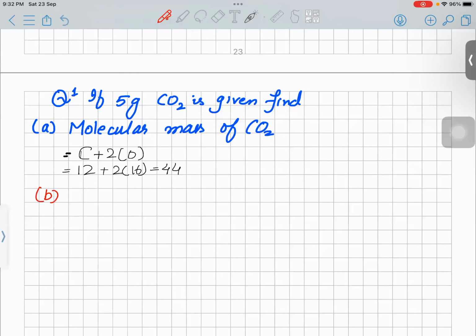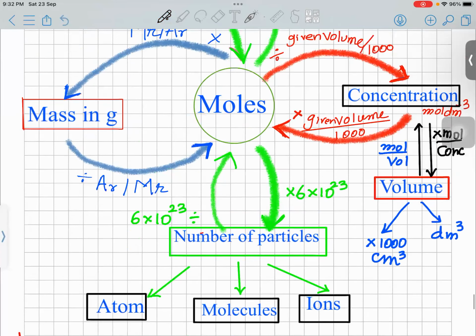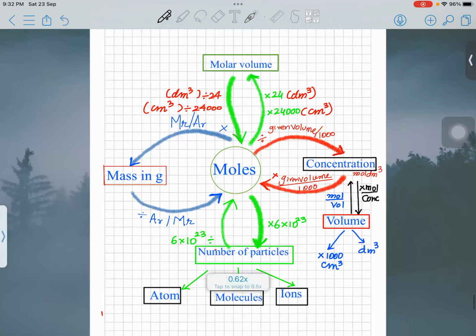B part. Find moles. Now, can you tell me the formula of the mole? Now use the map to find how to find the moles. We found out the MR from here. For moles, we know the grams, 5 grams.